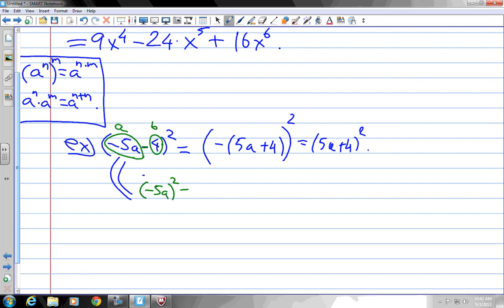Then minus 2 times negative 5a times 4, and then plus 4 squared. So you have to be really careful and drag this negative through, which is a little tricky. It's easy to lose that negative sign. It will still come out all positive in the end. 25a squared plus whatever this thing is, what is it, 40?